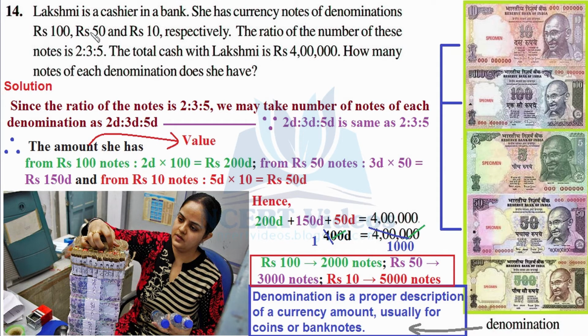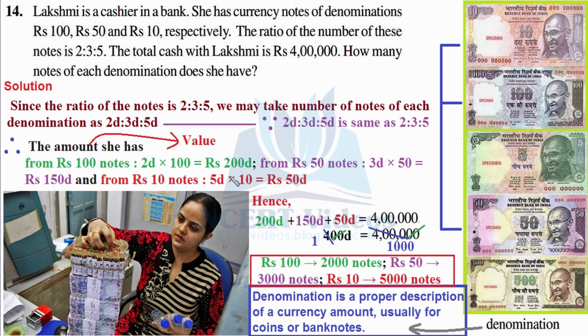And again, from value 50 we will write 3D because we have 3D notes of value 50. So we multiply it with 50, which is equal to rupees 150D, because we have converted it into value. Here it is just the total number of notes, and multiplying it with 50 makes it the real value. And from rupees 10 notes we have 5D notes of value 10.